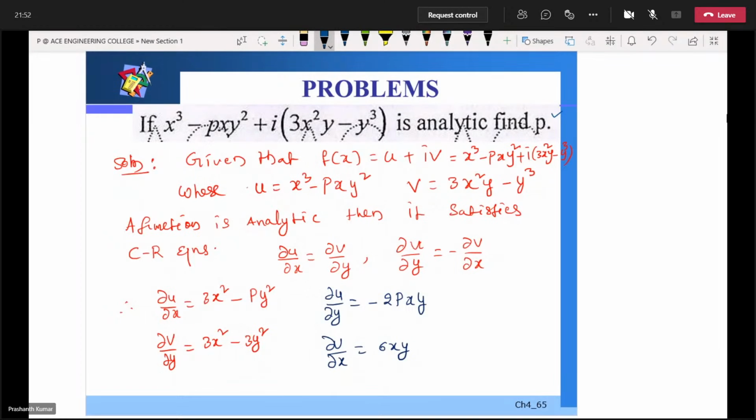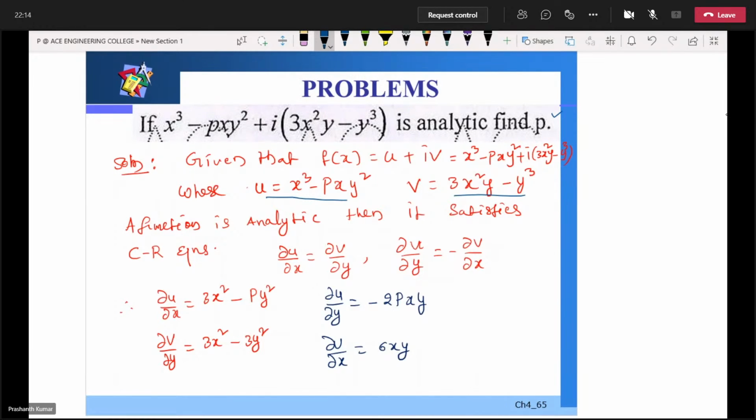Given that f of z is equal to u plus iv, so u plus iv is equal to x cube minus p x y square plus i into 3x square y minus y cube. Here u is equal to this one and v is equal to this one.